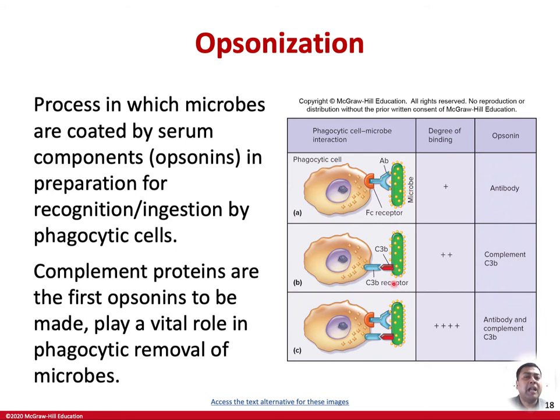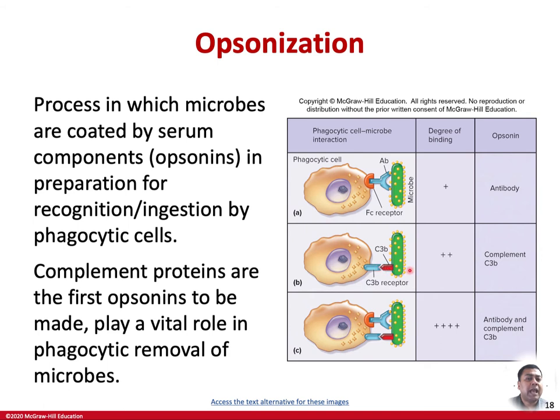Now, here is another protein, a complement protein known as C3b. We are going to talk about what C3b is later, but think about the fact that C3b can insert itself onto a microbial surface. Once it does that, this C3b protein on a microbial surface can be recognized by a C3b receptor present on a phagocytic cell.